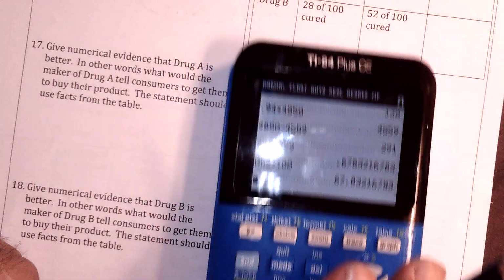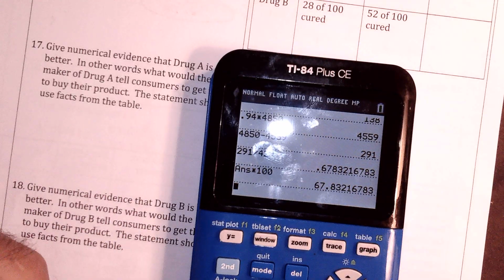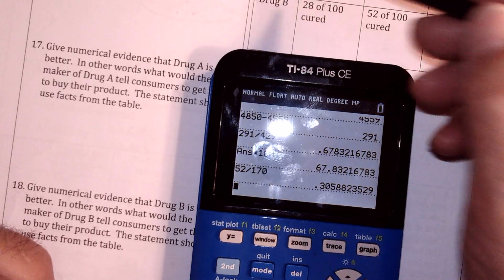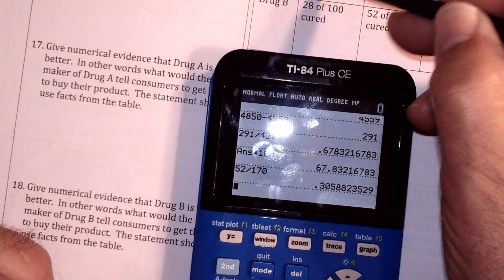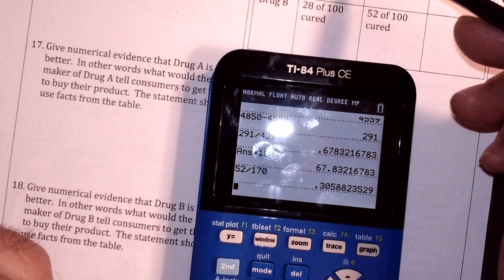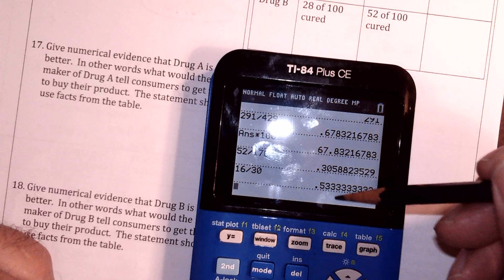All right, the back page. So what percent, if 52 out of 170, so 52 divided by 170 is 30.58%, 30.6% rounded off. 16 out of 30, that's 53%.